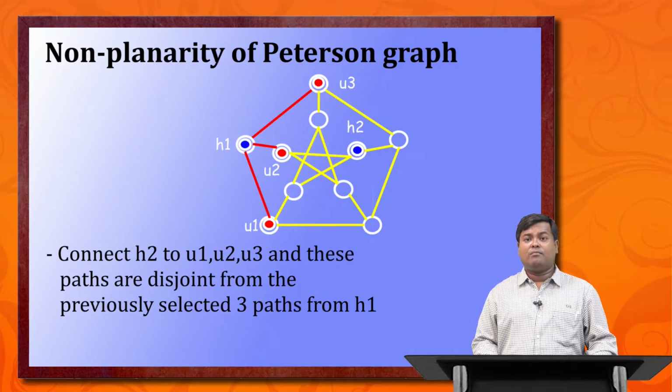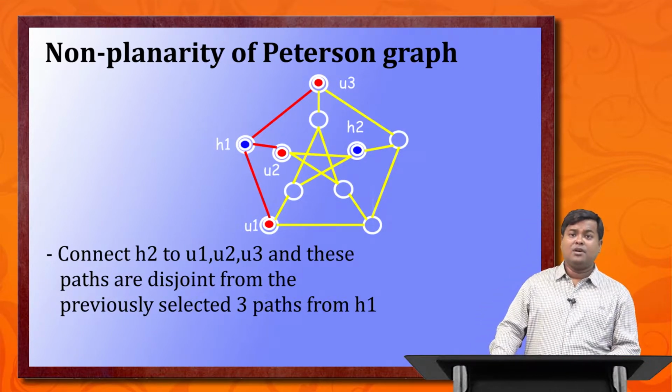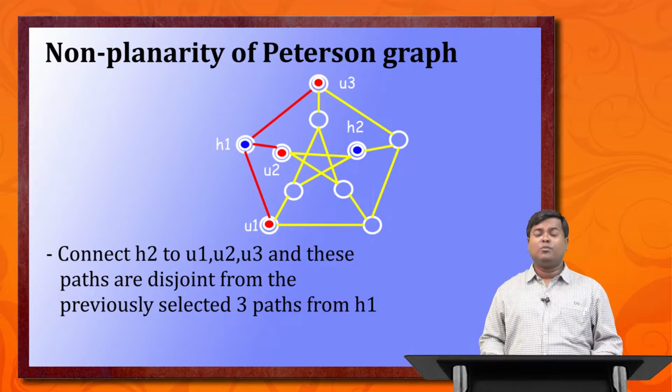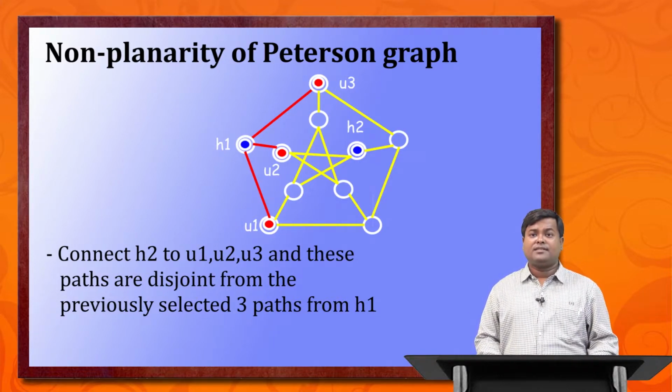We have marked another vertex H2, which comes in the same group as H1, and since H2 should have edges to U1, U2 and U3, we need to find paths from H2 to U1, U2 and U3. While doing so, we need to remember that we should not consider the edges or paths which we have already considered in the previous slide.